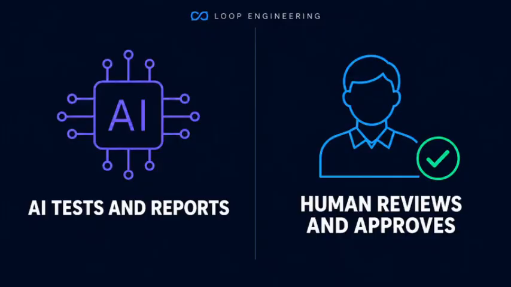And we have to remember, the human still needs to choose the right tests. The human still needs to review the results. And the human still needs to decide whether the evidence is strong enough to accept the change.